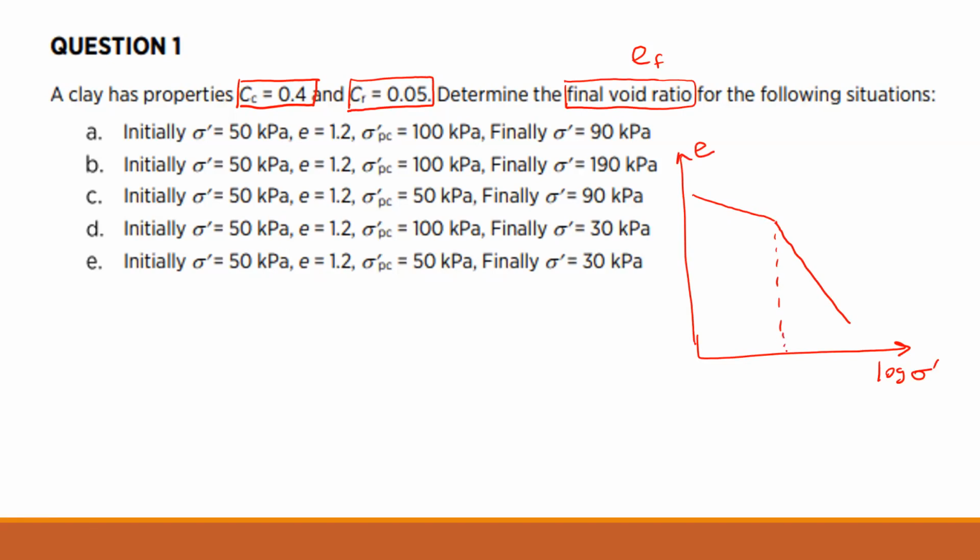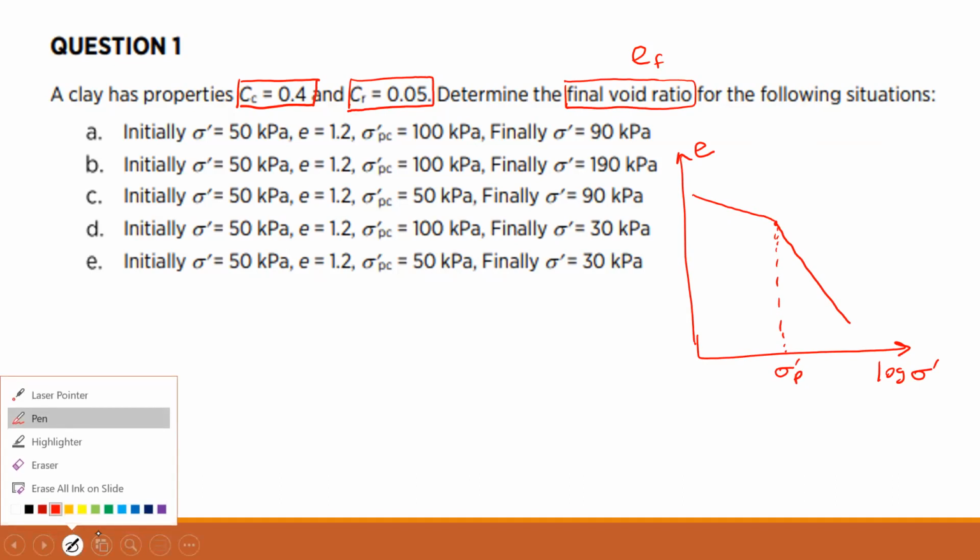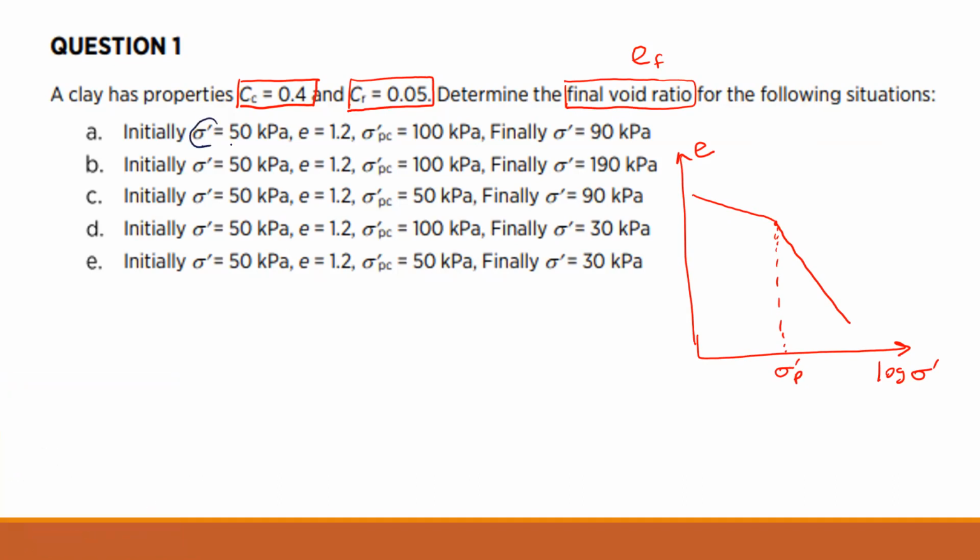This is the corresponding value for the sigma dash P, and the other values can be anywhere, we don't know. For example, in the first one, they say initial value is 50 and E is 1.2. This value sigma PC is 100, so this value is 100 kilopascals and final value is 90.